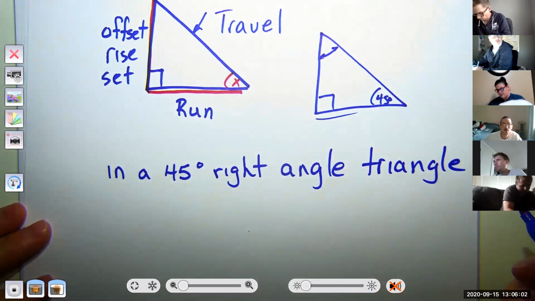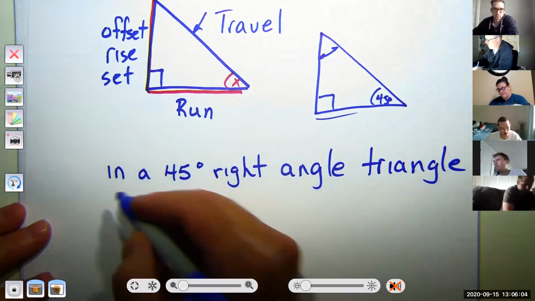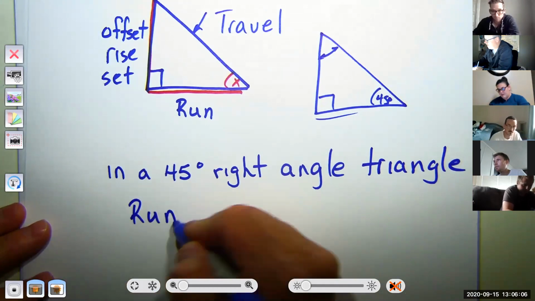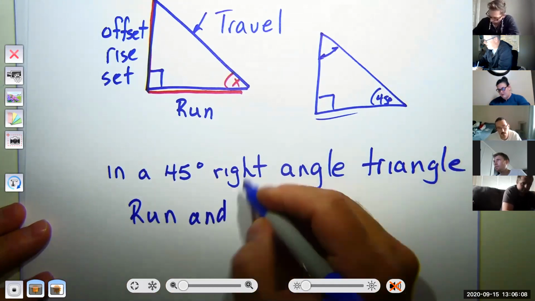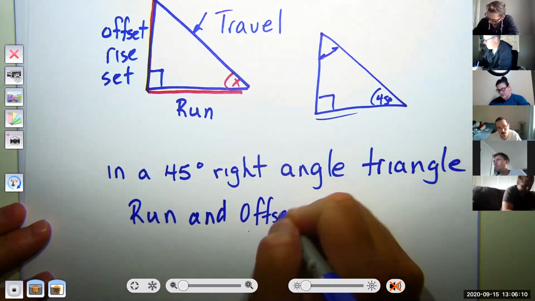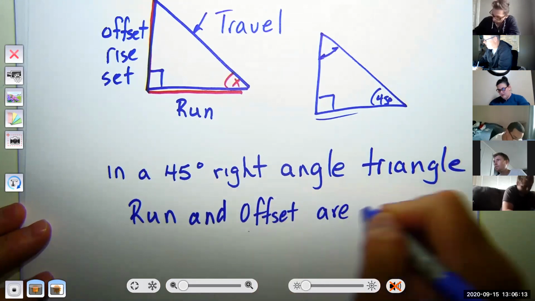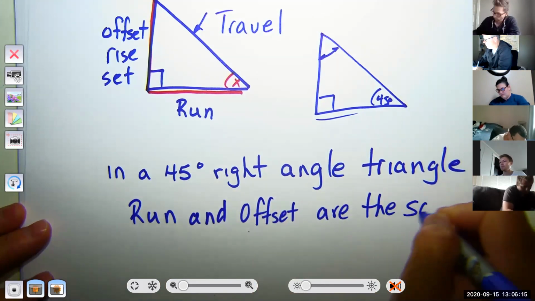In a 45-degree right angle triangle, the run and offset are the same.